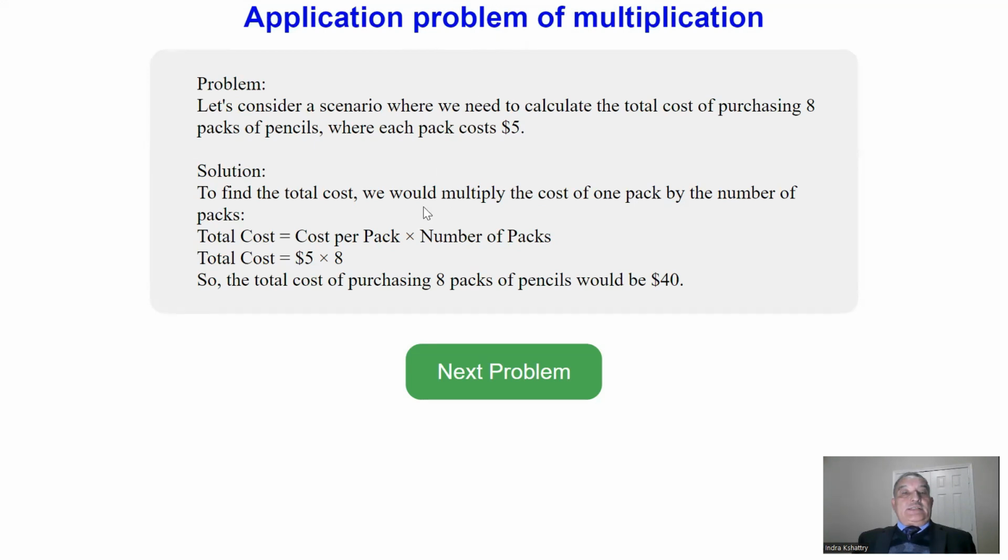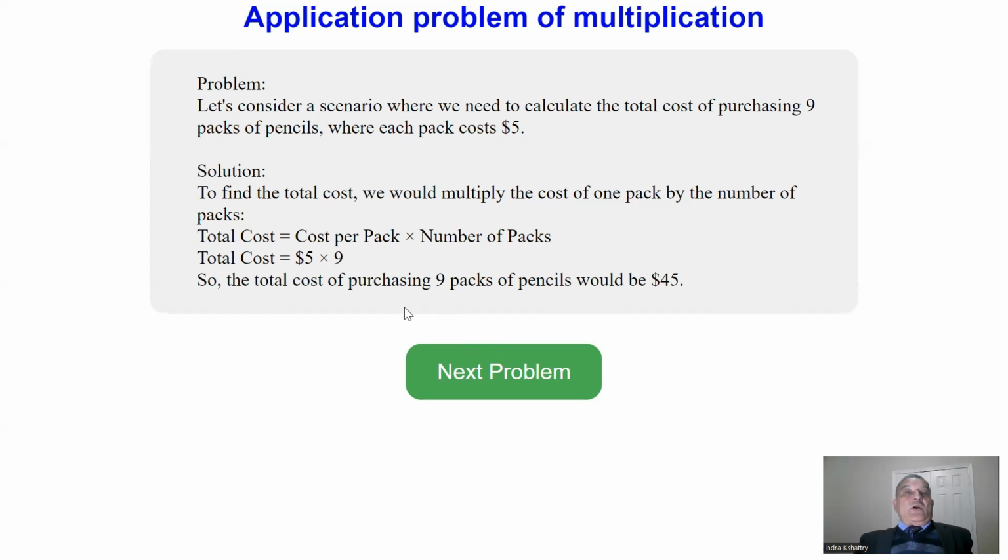From the problem, the unit cost is $5 and the number of units is 8. So the total cost is 5 multiplied by 8 equals $40. Click the next problem button to generate new problems. Continue this process until you are familiar with this type of application problem.